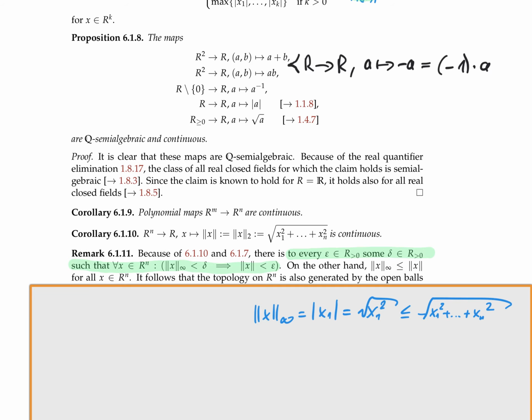And you know, because in 147 we saw that the square root function is monotonously increasing.